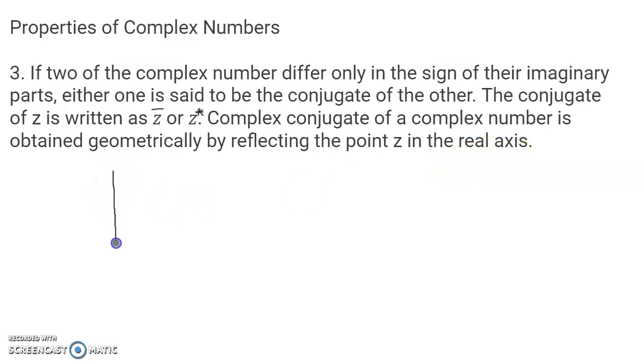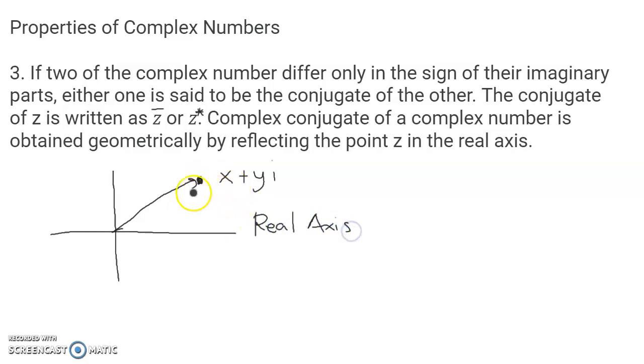Meaning, if we have a given point, for example this one, x + yi, we just reflect this point across our real axis. So this will become x - yi, and this is z, and this is the conjugate of z. So that's another property of complex numbers, the conjugate.